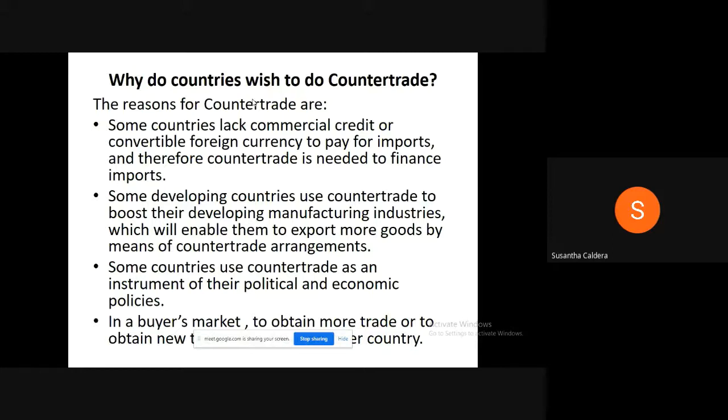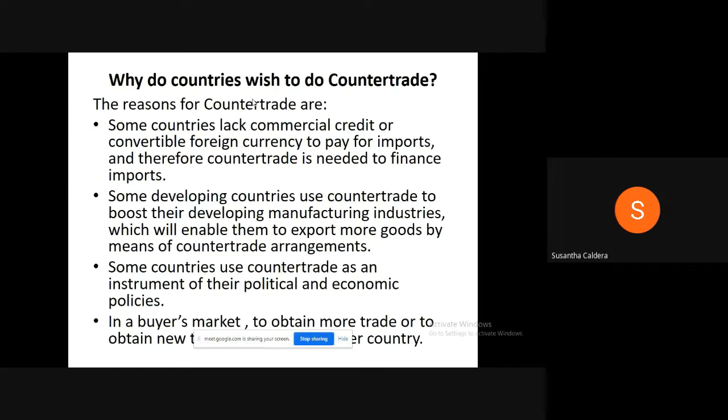Right? Some developing countries use counter trade to boost their developing manufacturing industries, which will enable them to export more goods by means of counter trade arrangements. Some developing countries use counter trade to boost their developing manufacturing industry.